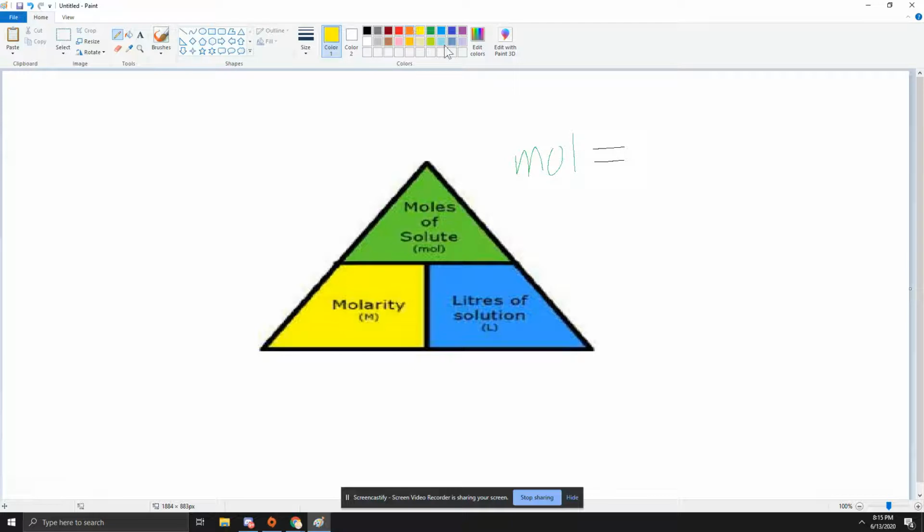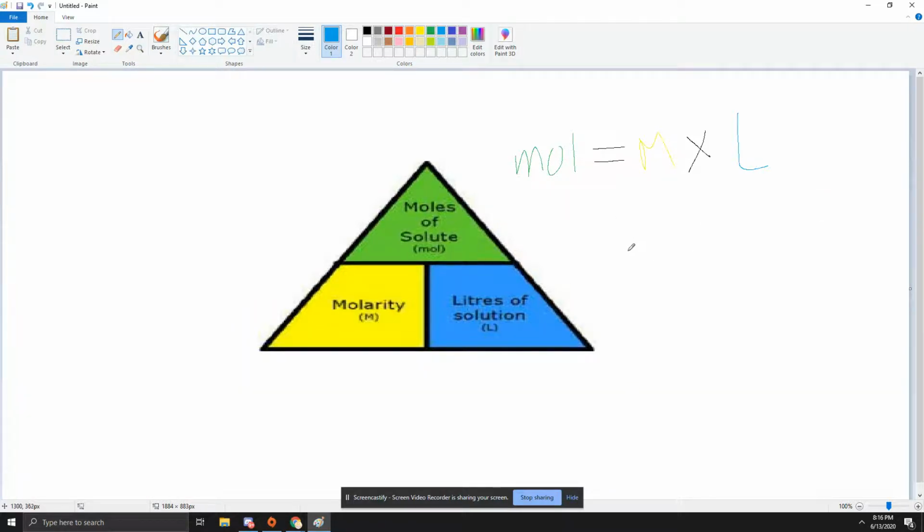So we're gonna use M multiplied by the liter of the solution. So that will give us the mole. The reason we multiply the molarity and the liter is because they are on the same level. They're not the top dog like mole is. They are the same level, so we multiply them.